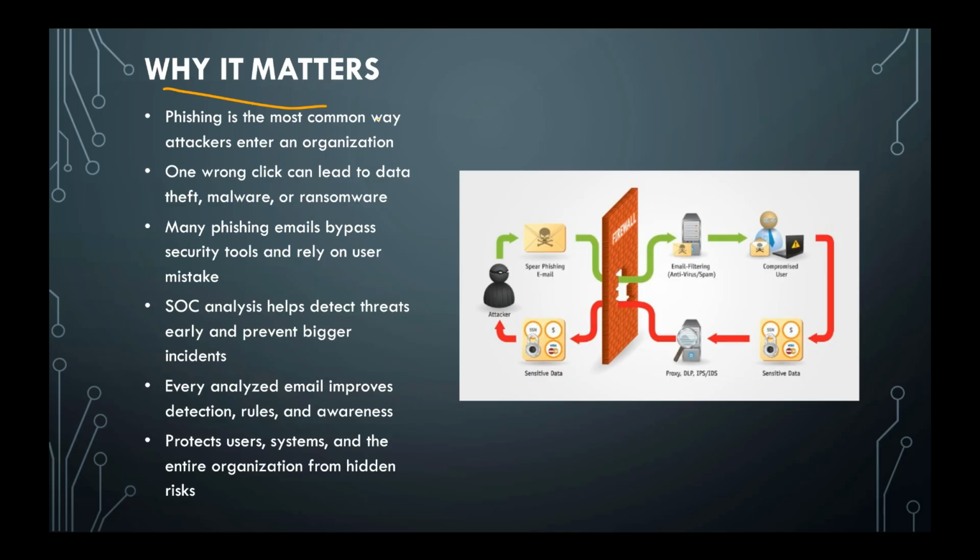We are talking data theft, malware, and even massive ransomware attacks. The scary part, many phishing emails still slip past security filters. That's why these attacks rely on human mistakes like clicking the wrong link, downloading invoices, or replying to a fake CEO email.